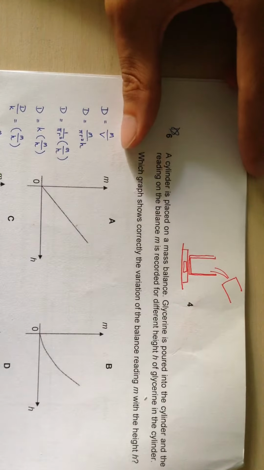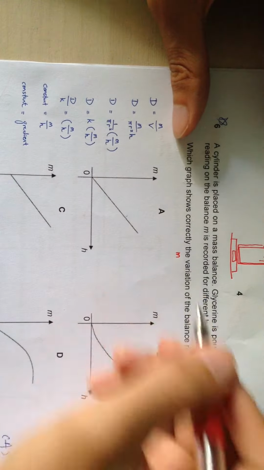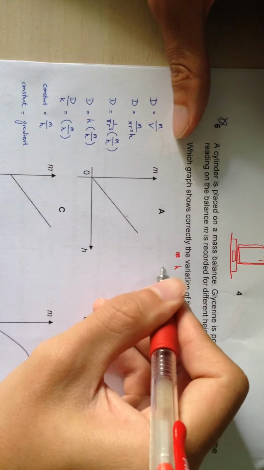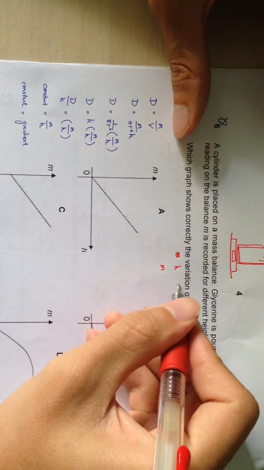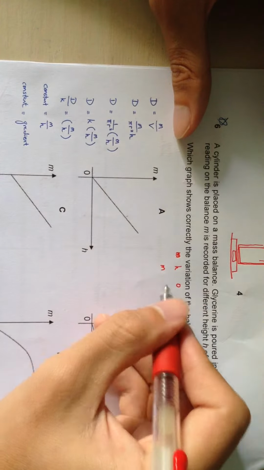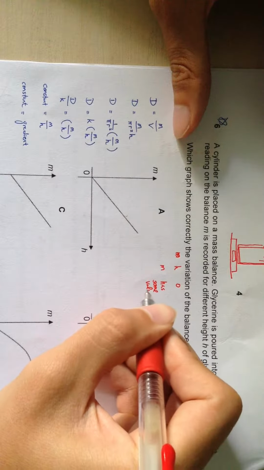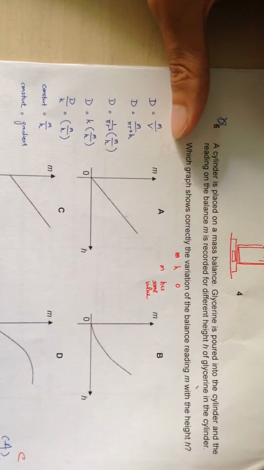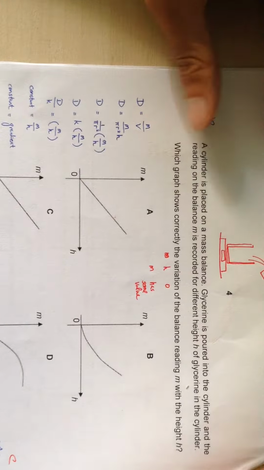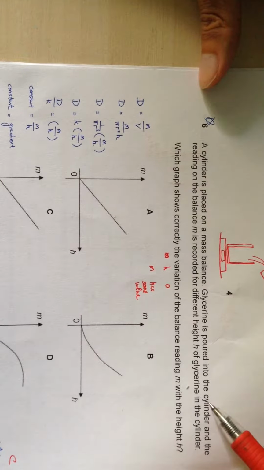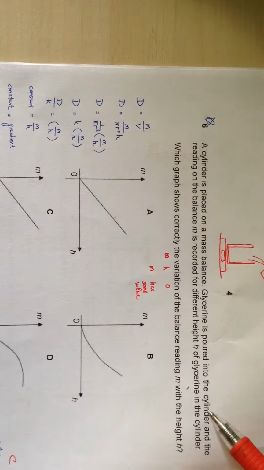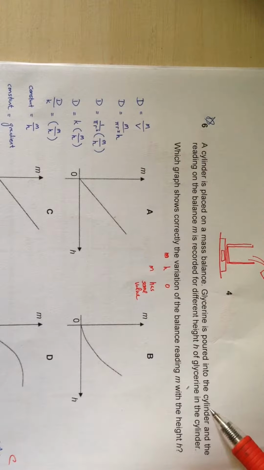So again, you need to identify some of the key features, so key coordinates. If you have h against mass, even if h is 0, mass is going to have some value. It cannot be 0, 0. Okay, the next thing. Now, the question already tells you that it's a cylinder.